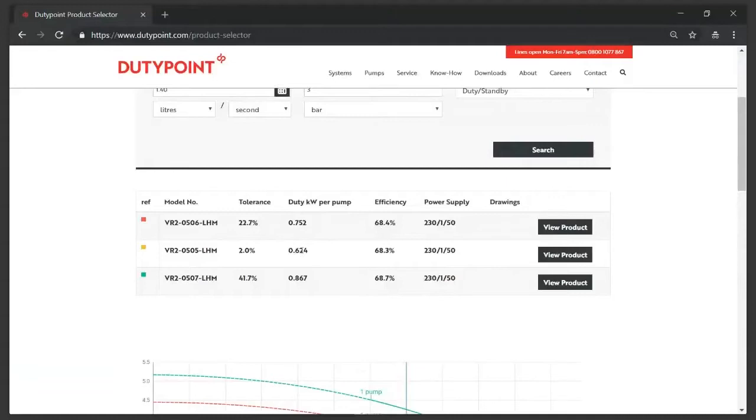So this pump here, the VR20505-LHM, to do this flow rate that we've asked for would take 0.64 kilowatts per pump. Whereas this pump here, even though it's looking slightly more efficient, actually it's using more energy to do this flow rate.